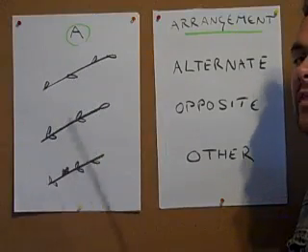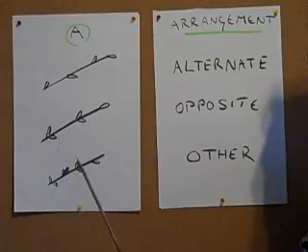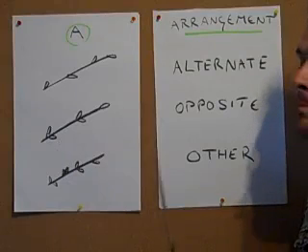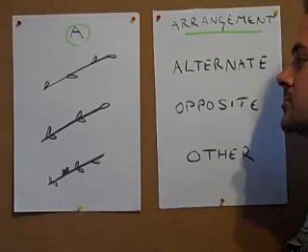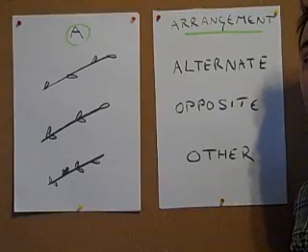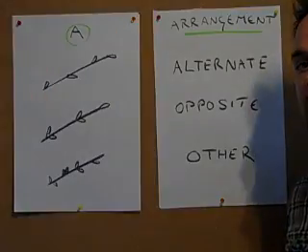One, then you move along, then the other. Opposite, where 2 buds will lie opposite each other on the stem. And other. Now most of the structures fall into the alternate group, so if you have one that is different, this can aid identification, but there are quite a few varieties here.